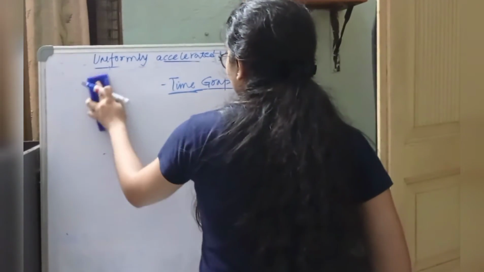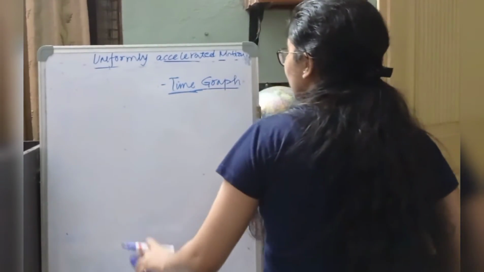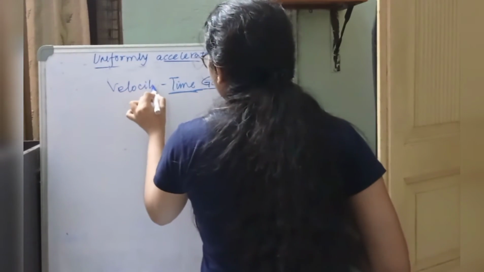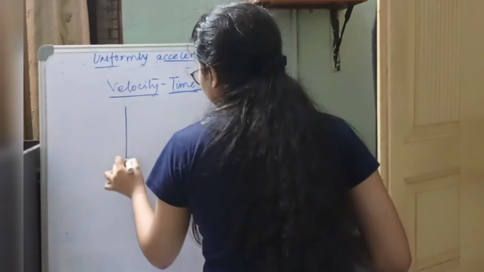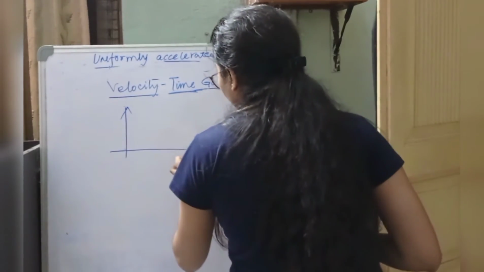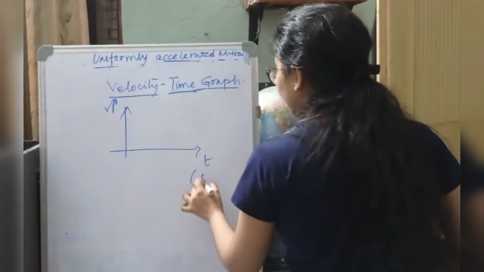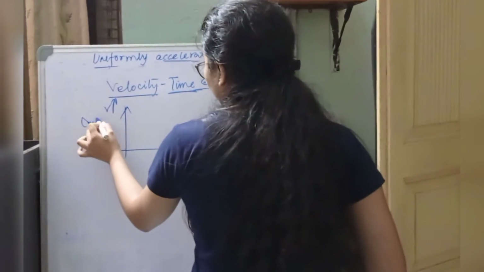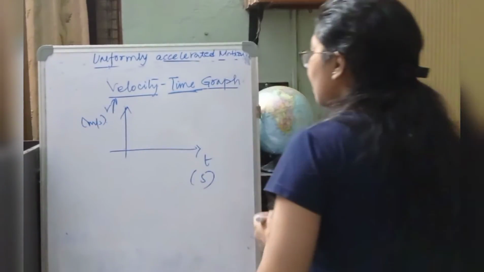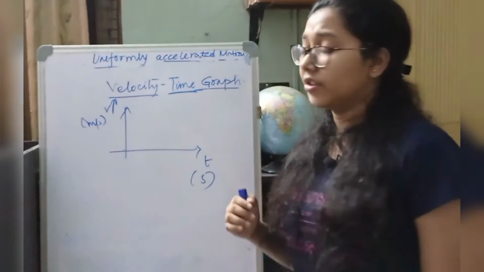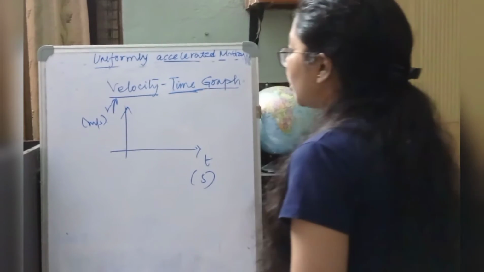Similarly, if I plot the velocity time graph to show that this is a constant velocity, the moment I go for plotting a Vt graph, you have to mention the units, t in seconds, v in meter per second, or whatever is given. If I am asked to draw the graph of uniform velocity, the velocity will remain constant.